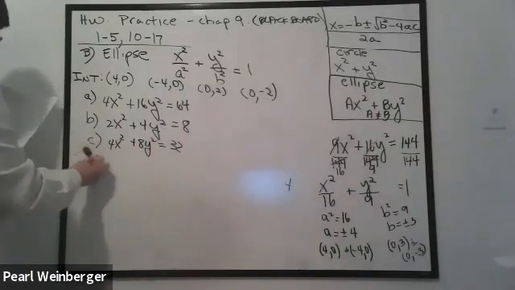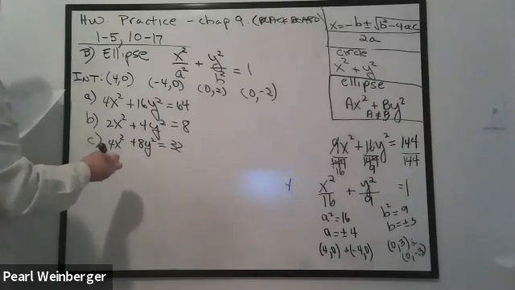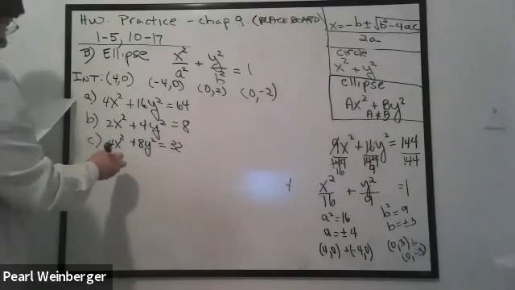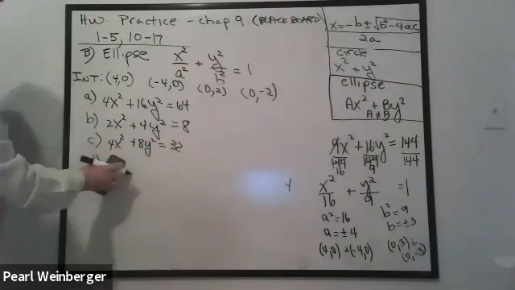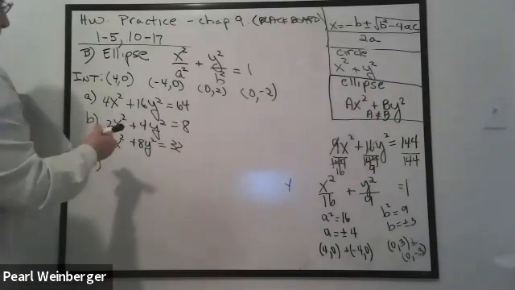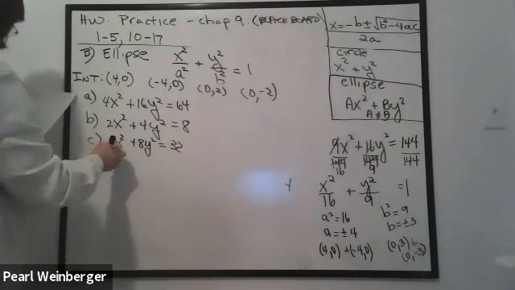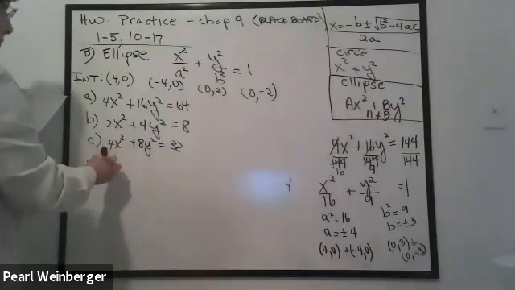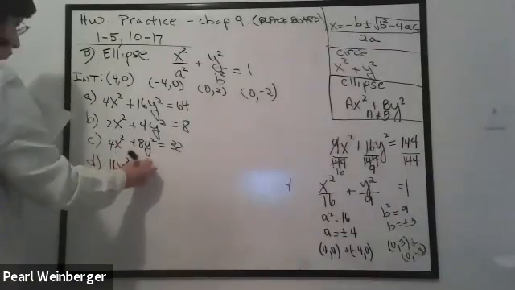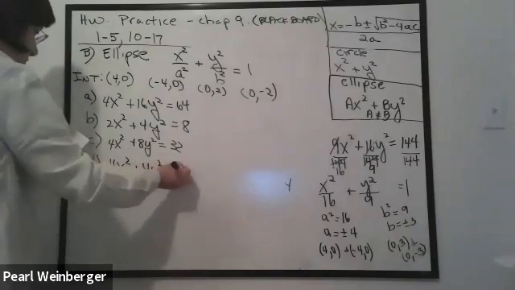And D: 16x squared plus 4y squared equals 64.